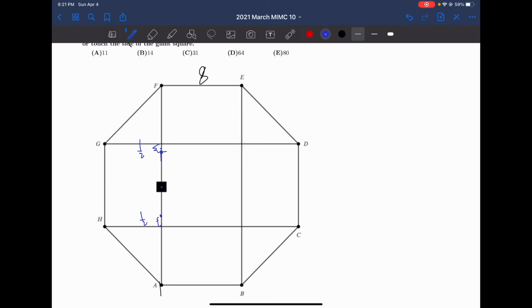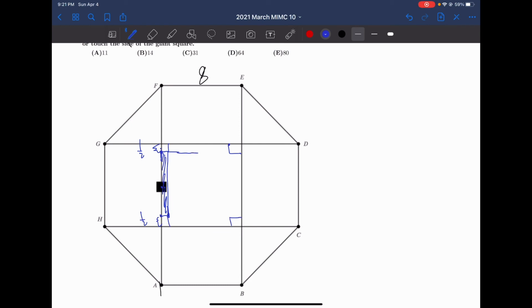Therefore, there is a 1/2 as well on this side, where the unit square center just exactly touches the edge of the square. If you go in any more, it wouldn't touch anymore. And because the square is symmetrical, all four sides would have the same shape.